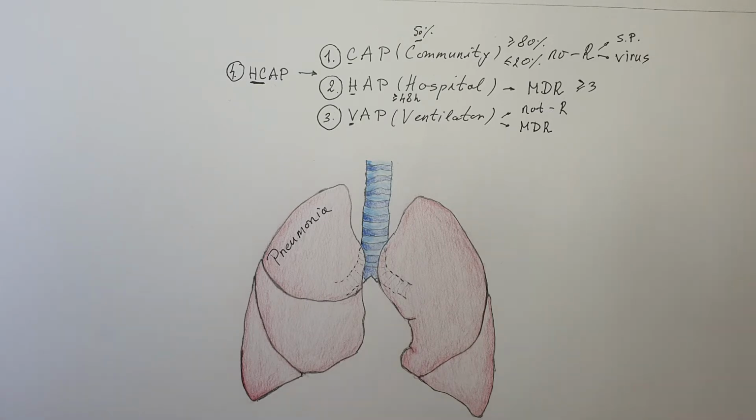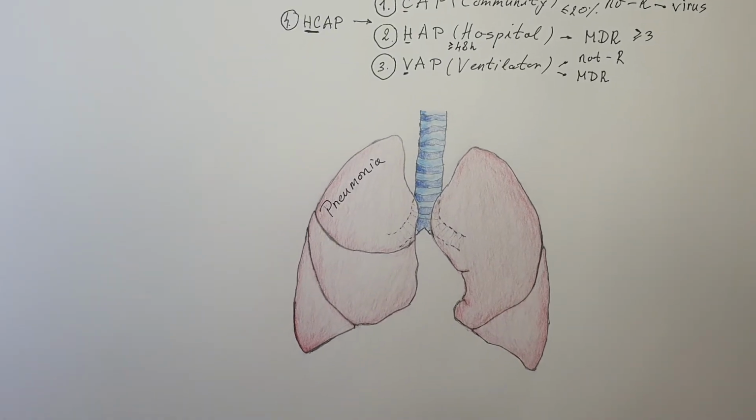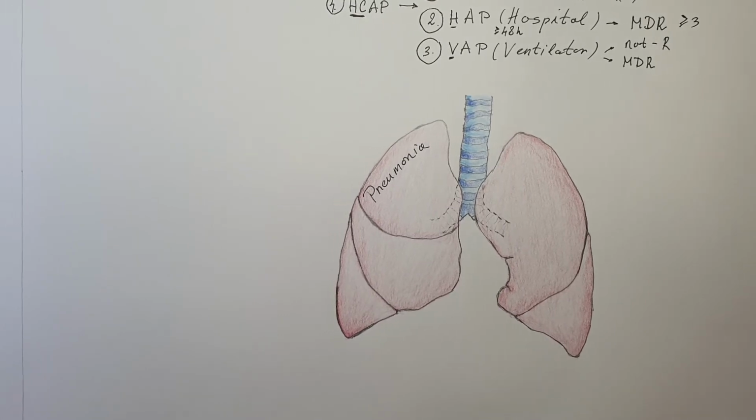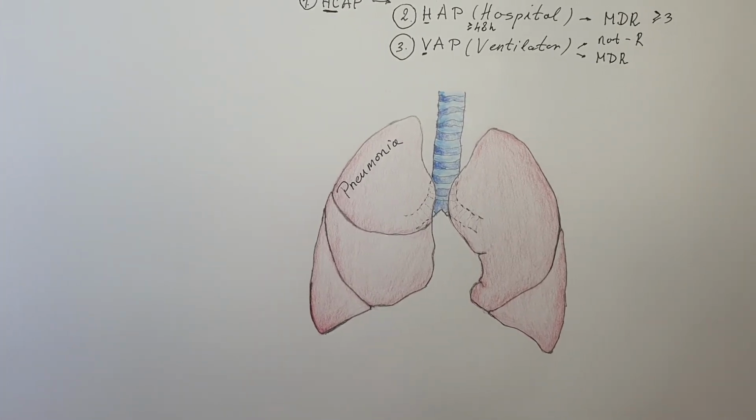So the next points I want to talk about are actually those classical elements we always talk about, and that is etiology and pathophysiology of these pneumonias: how a pneumonia develops and what are the causes.